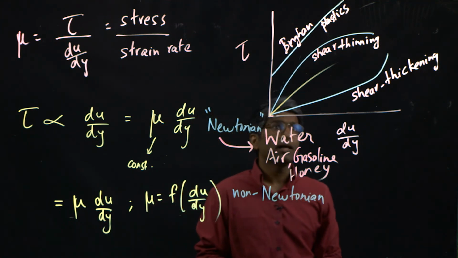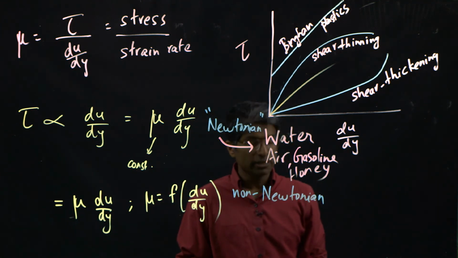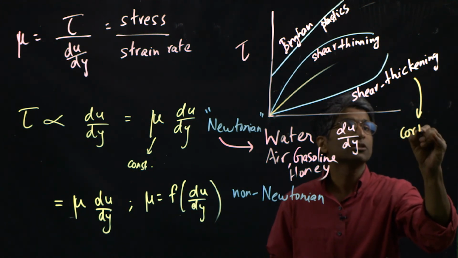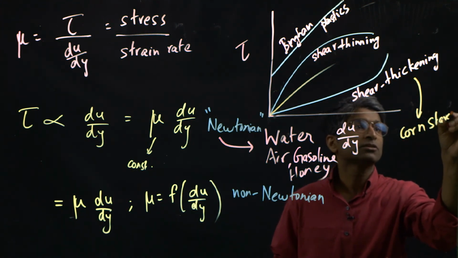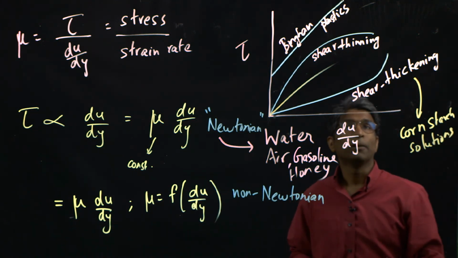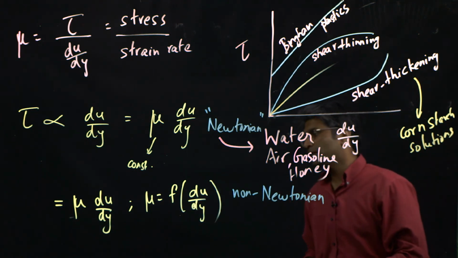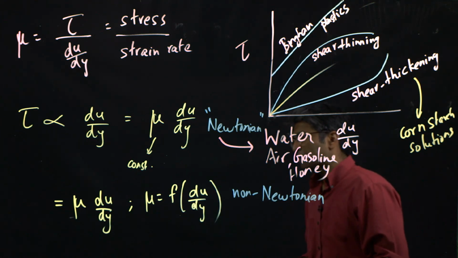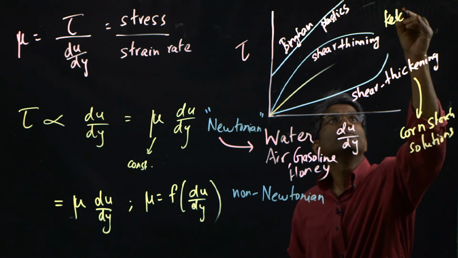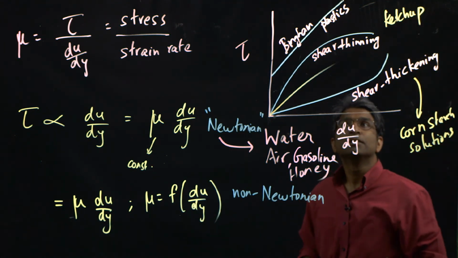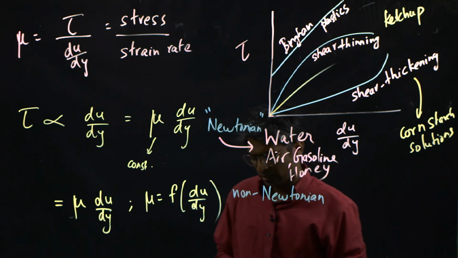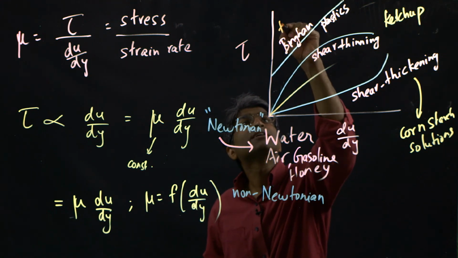Non-Newtonian behavior, well, shear thickening fluids, there are things like cornstarch solutions. Shear thinning fluids, let's see, ketchup. And Bingham plastics, you can imagine, let's see, toothpaste.